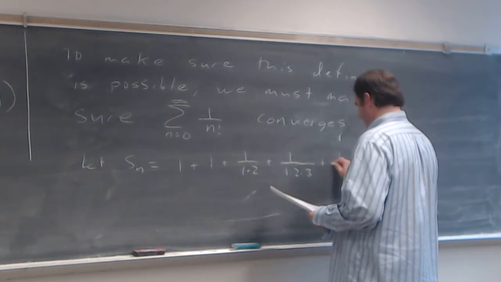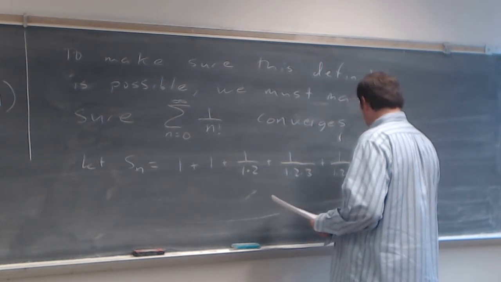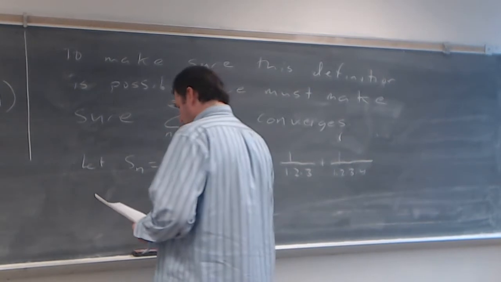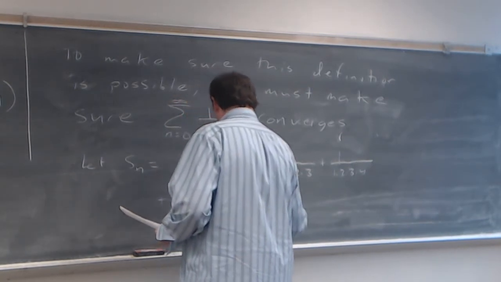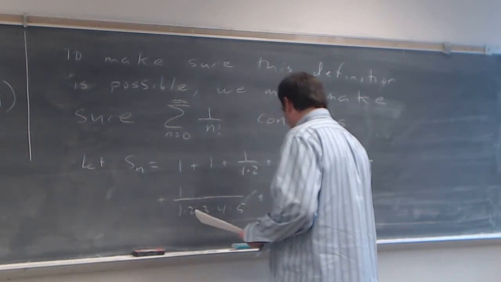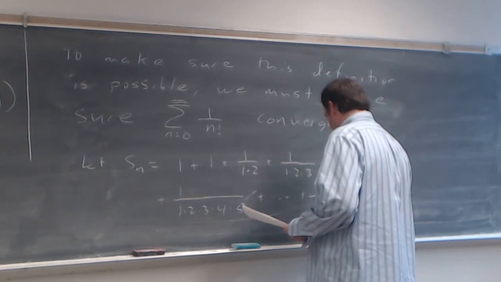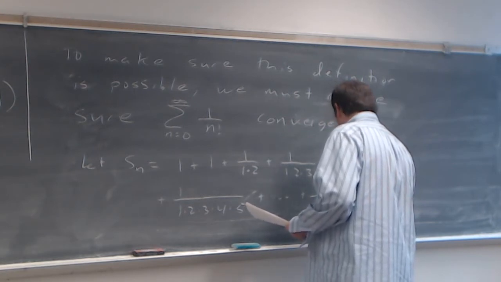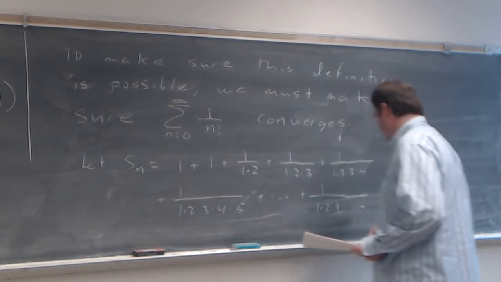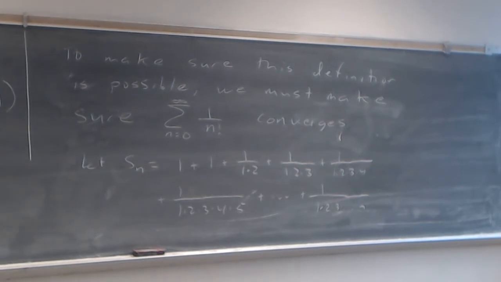Well, let me list a few more terms. 1 over 1 times 2 times 3 times 4, plus 1 over 1 times 2 times 3 times 4 times 5, plus, and we keep going all the way up to 1 over 1 times 2 times 3, and we keep going until we get to n. You multiply by n. So that's S of n, the sequence of partial sums for our series.